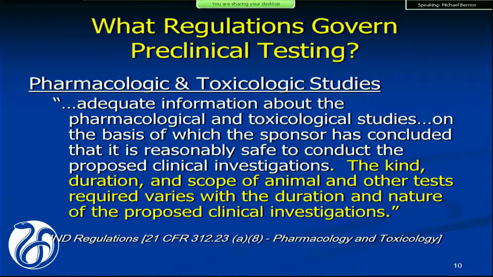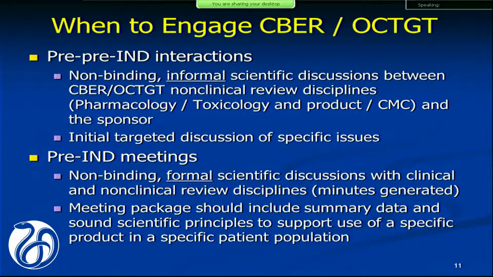So prior to the clinical investigation, preclinical data is required. This is to meet the regulatory requirement. And what type of preclinical data will be required for a specific clinical investigation? Well, our guidance document can provide some general information for the preclinical testing program.